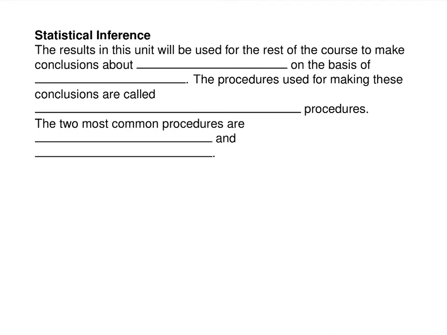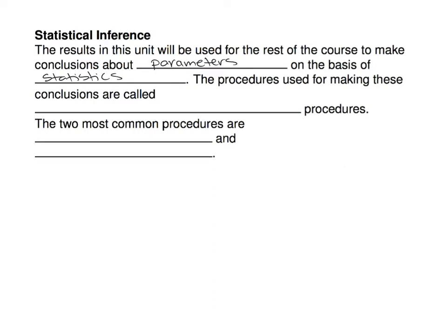So the results in this unit are going to be used for the rest of the course to make conclusions about parameters, things we can't find, on the basis of statistics, things we estimate from samples.